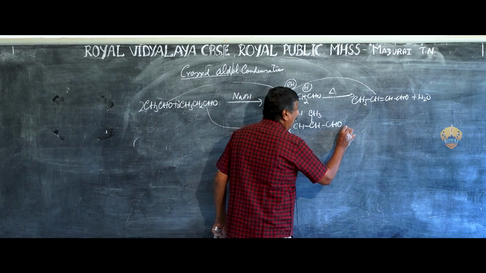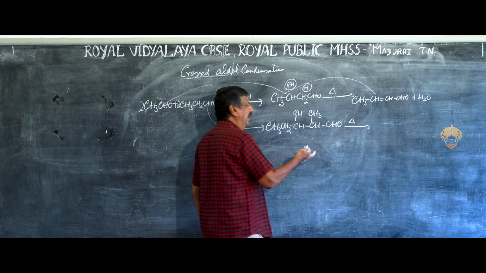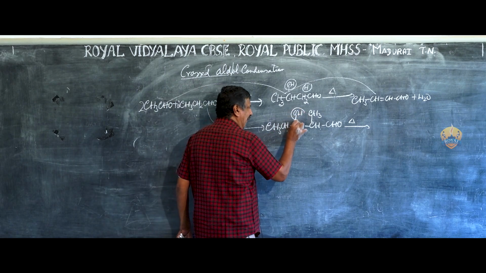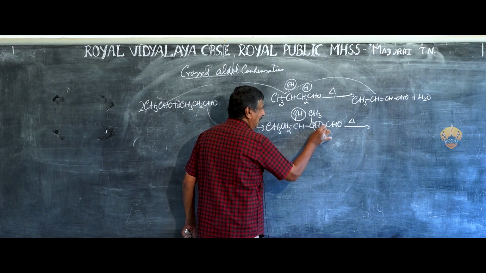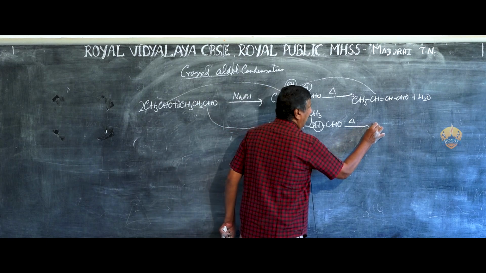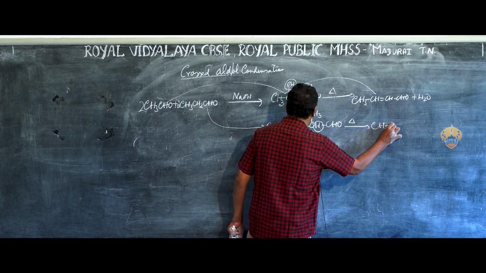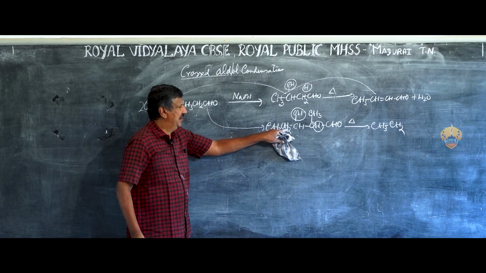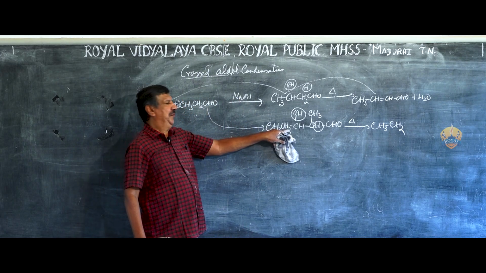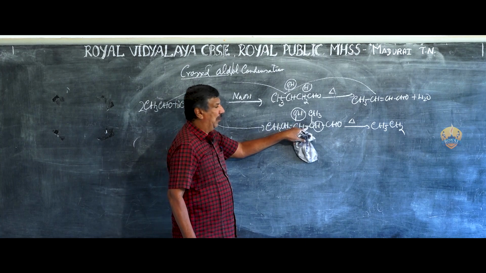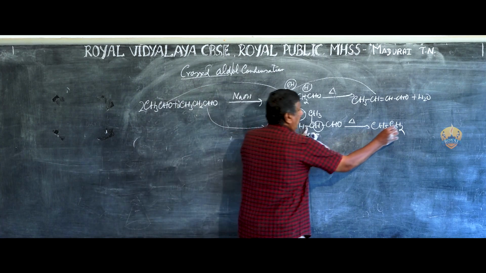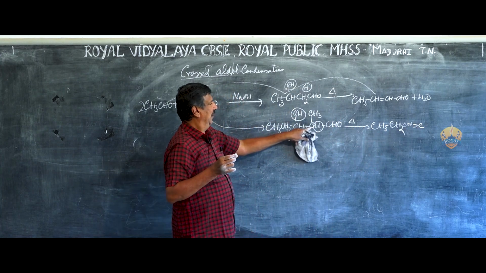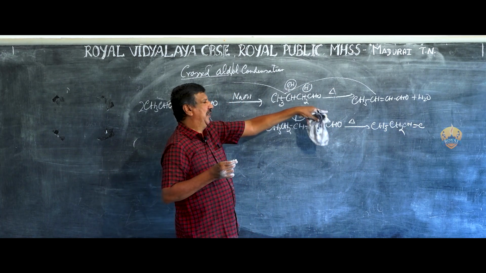What is the product formed when this is heated? You can guess. Like this OH and this H. So by seeing this, you can write the answer. CH3, CH2, then CH double bond C, CH3, CHO.